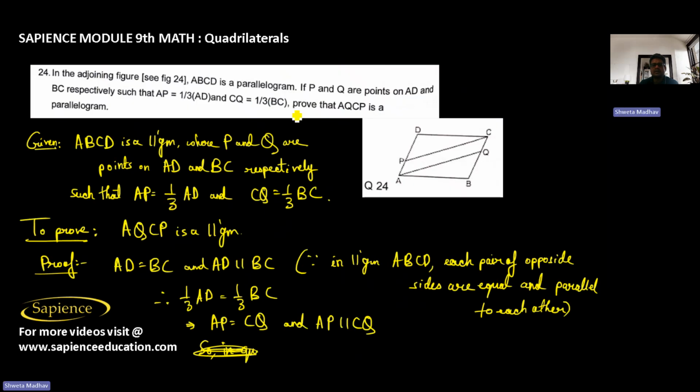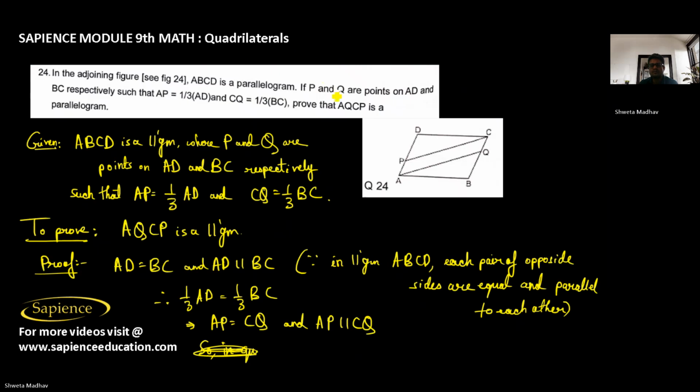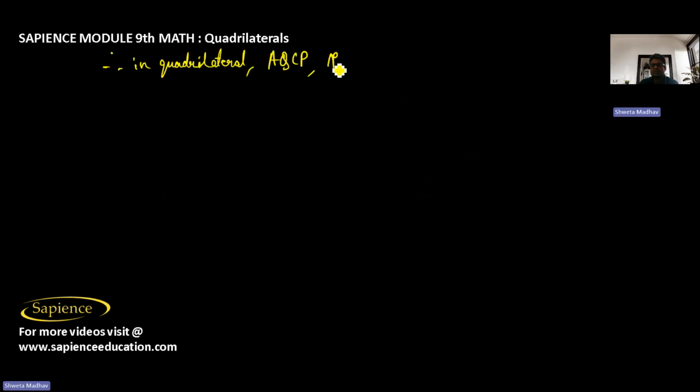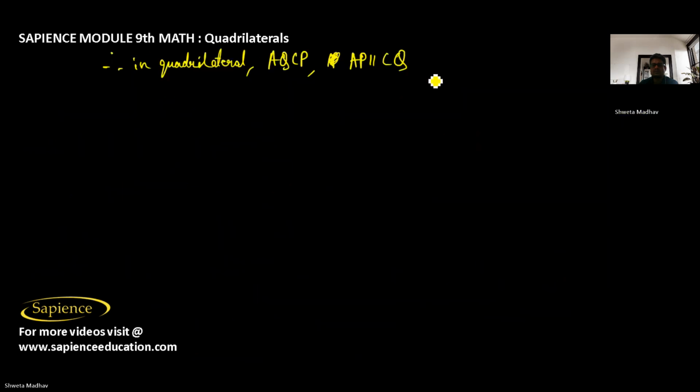Therefore, in quadrilateral AQCP, AP is parallel to CQ and AP equals CQ, which has been proved above.